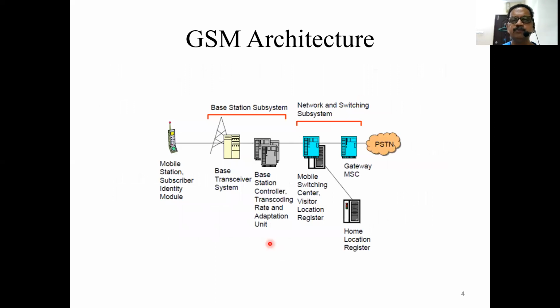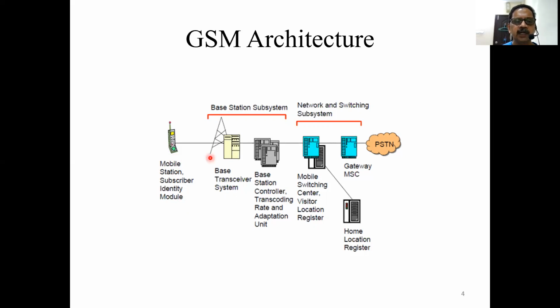This is the simplified GSM architecture diagram. As you can see, let us move from left to right. First, the user, which is known as the mobile station with subscriber identity module. That means a mobile device with SIM is known as MS, mobile station.